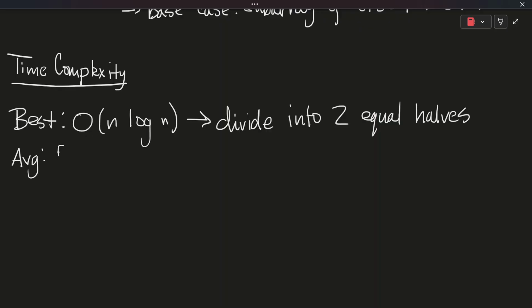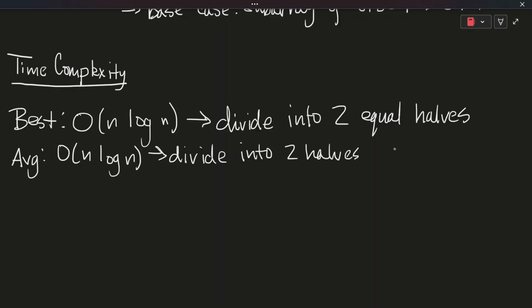The average case is also the same, but the scenario is different, so you divide it into 2 halves, not necessarily equal, but as you do the sort, it kind of balances itself out, so it's still around O of n log n.